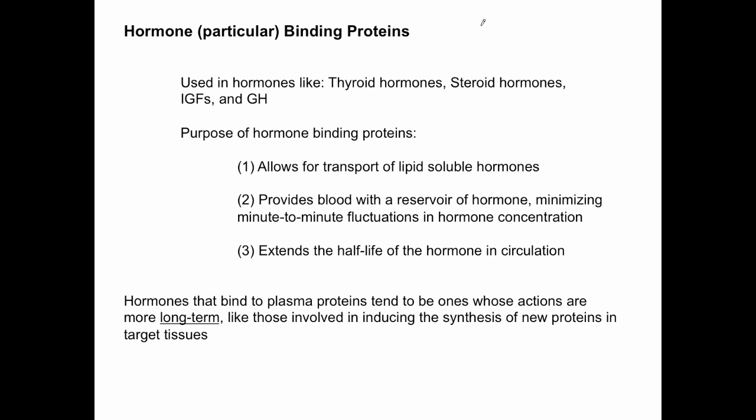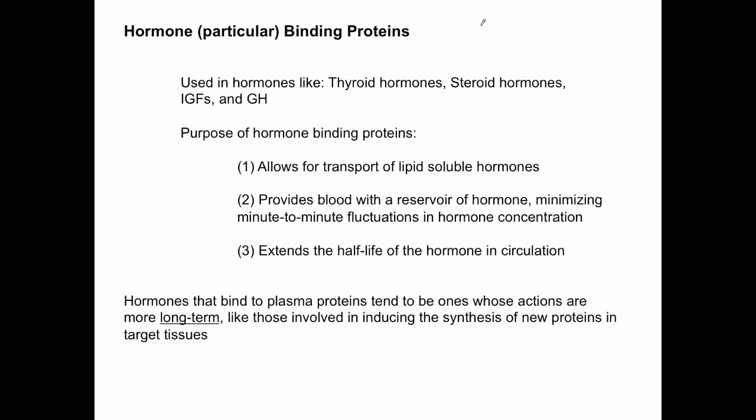So albumin is a plasma protein that will bind to any lipid-soluble hormones, and that relationship is going to be a very low affinity kind of binding, and it only serves the purpose of transport. So when hormones bind to albumin in circulation, it only serves the purpose of transport, and it's usually because that hormone is lipid soluble.